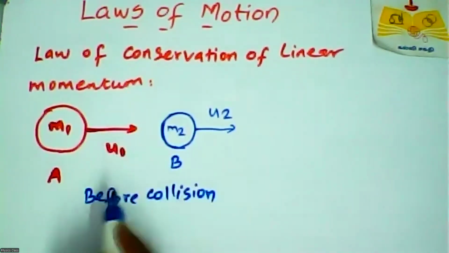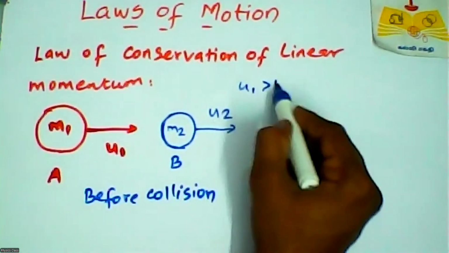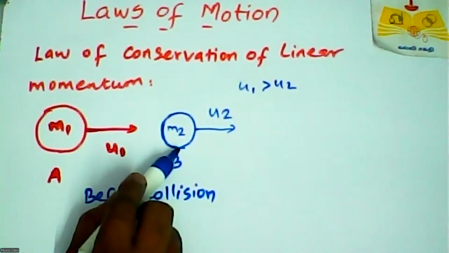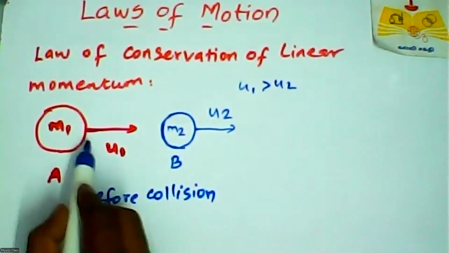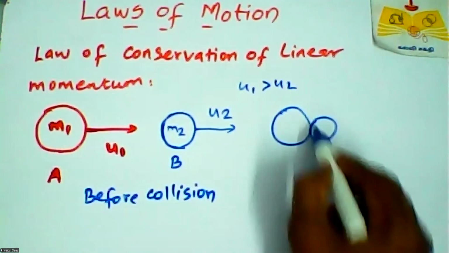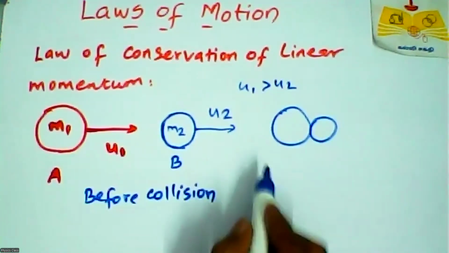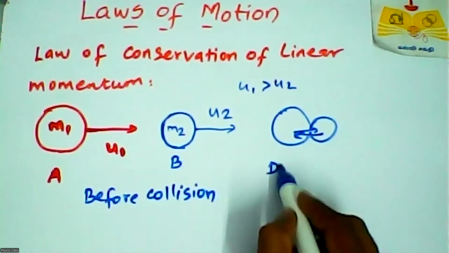After some time, because the velocity u1 is greater than u2, object A travels in a faster manner and B in a slower manner. So after some time, both objects will interact or collide. This is the collision.